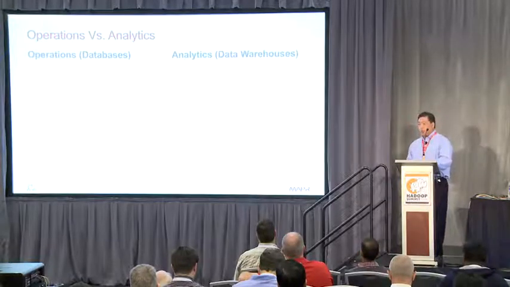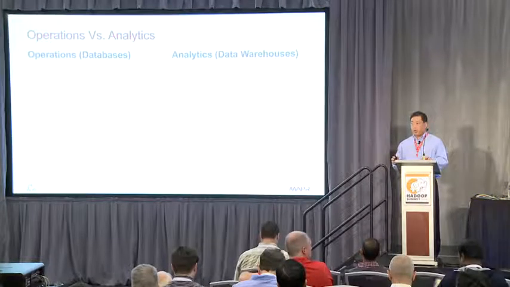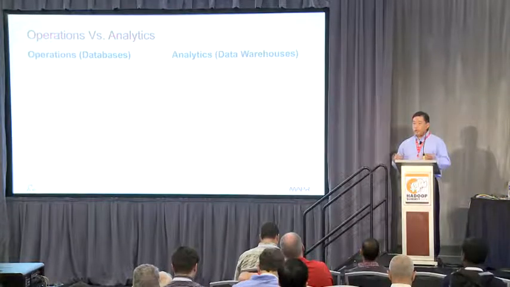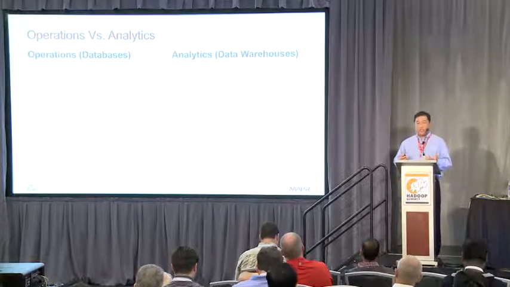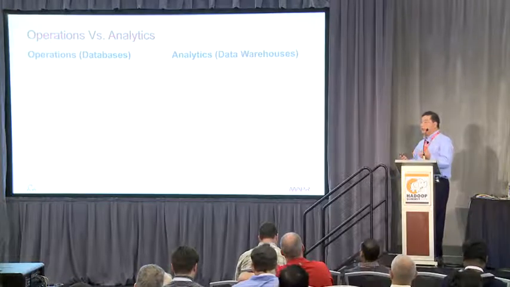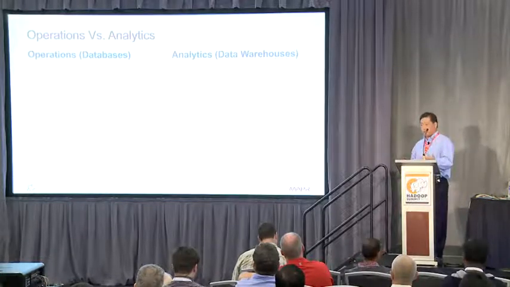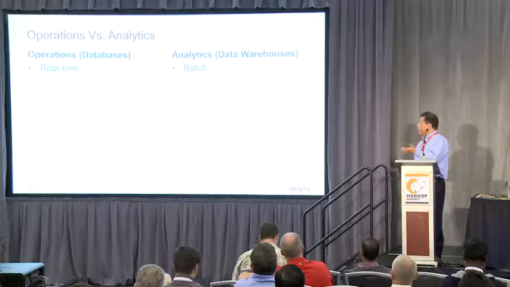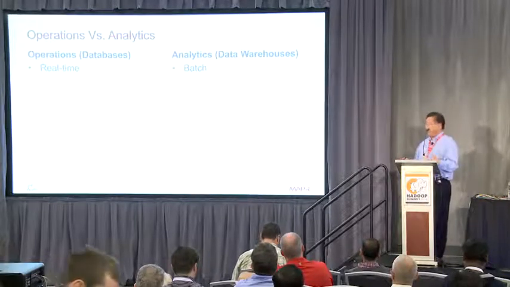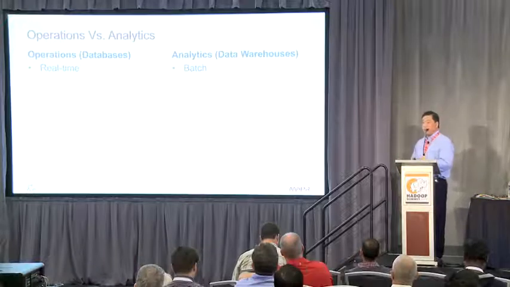So when you think about the separation of the two types of workloads, it's often due to the fact that data is used in different ways. If you look at the two types of technologies that handle the data, operational data and analytical data, you generally think of databases and data warehouses. If you think of these as different beasts, the operational data tends to be real-time, very interactive. Analytics is more about batch.